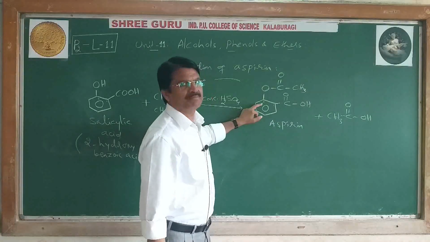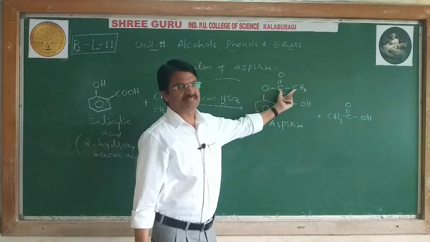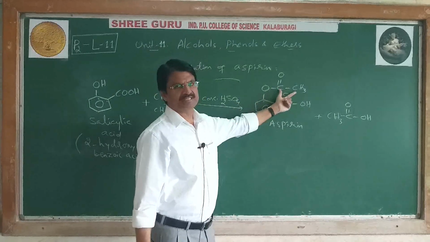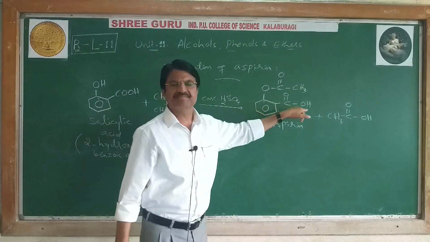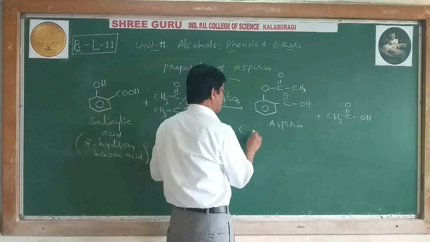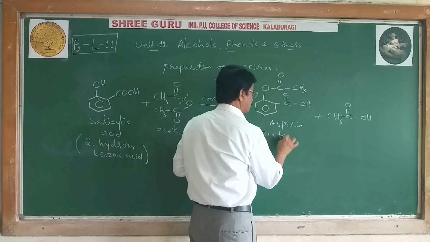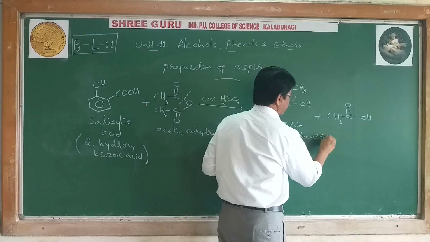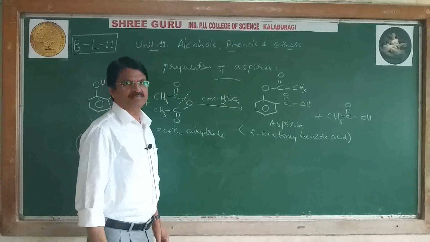Now the IUPAC name of this one: at the second position the acetyl group, acetoxy, 2-acetoxy, and the remaining part is benzoic acid. Therefore the IUPAC name is 2-acetoxybenzoic acid.